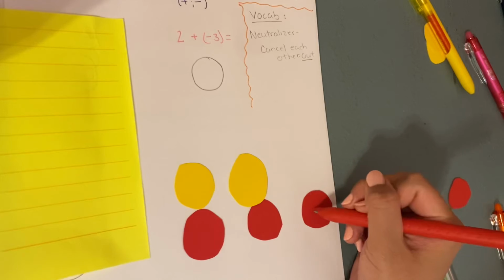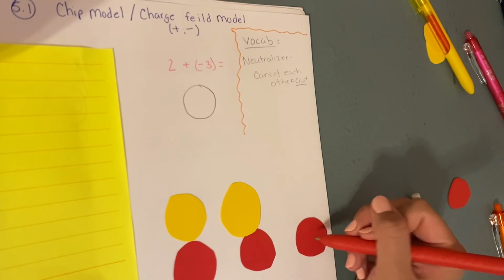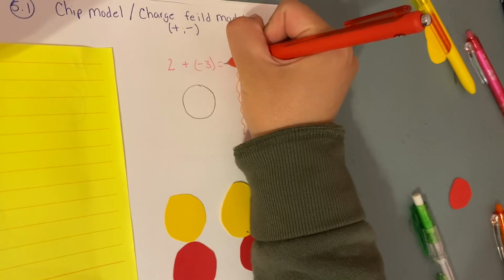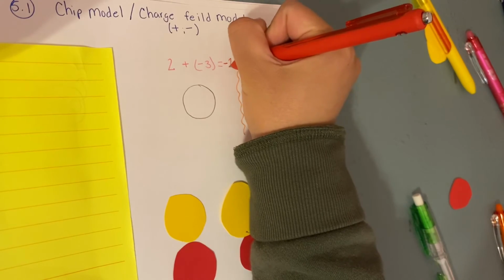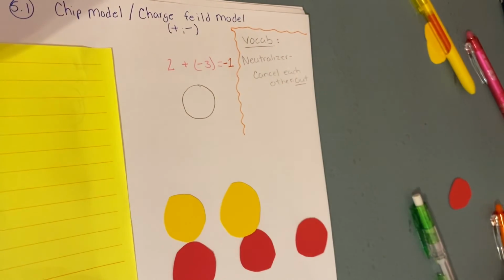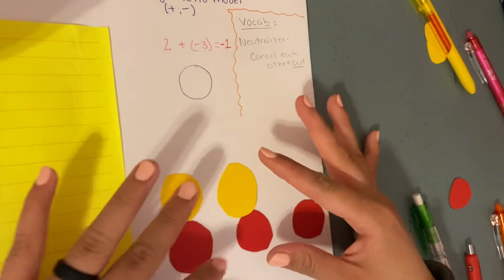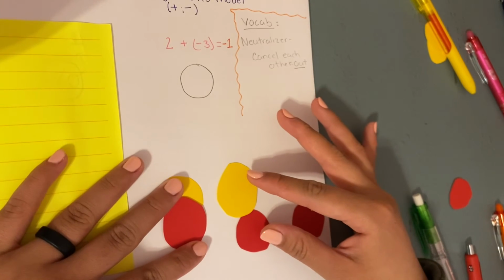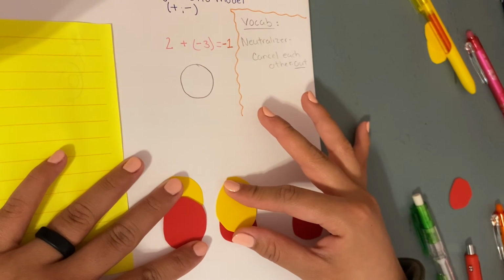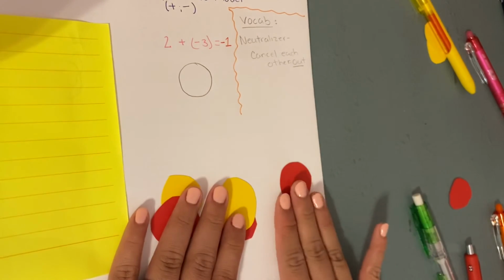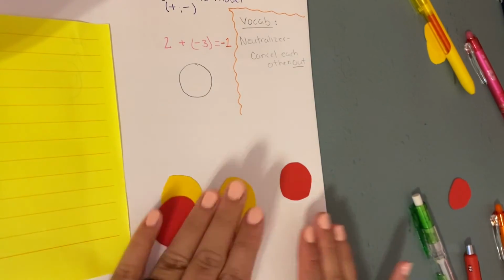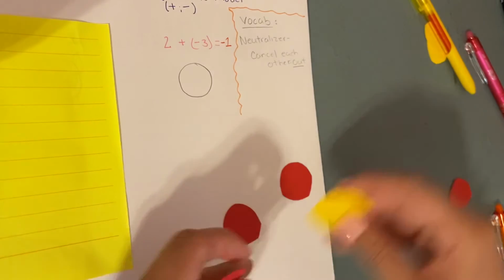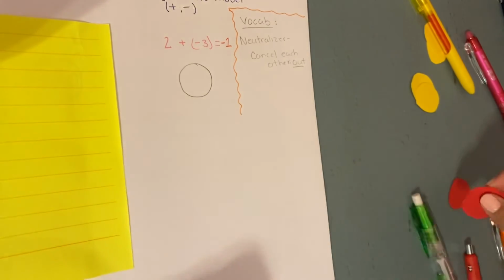Remember, red indicates negative chip, so our answer is going to be negative 1. Because if you recall, this is a set that canceled out by the neutralizers, and this is another set of neutralizers. So we're left with 1 red chip. So that is going to be our chip model for this problem.